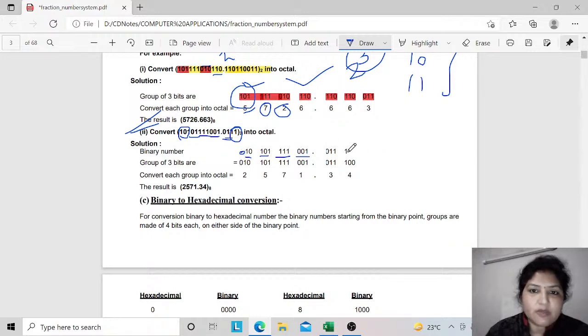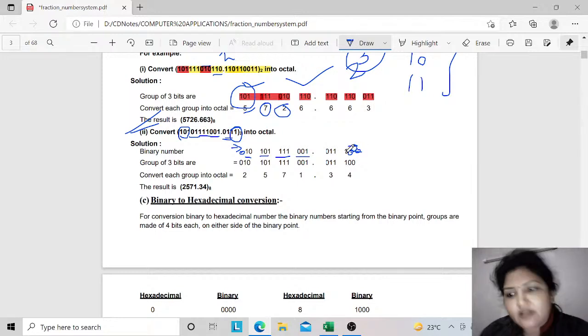And always remember, when you have the fraction part, you put 0 at the last, not from the beginning. So in the integral part we have 0 from the starting, and in the fraction part we have 0 at the end, at the ending of this part, right?